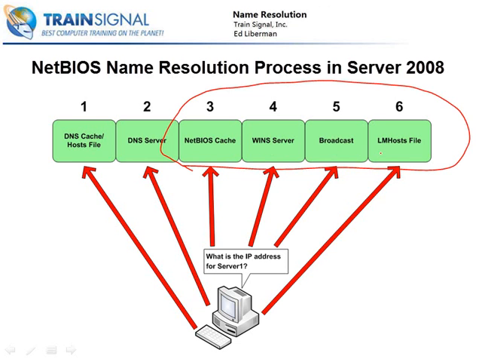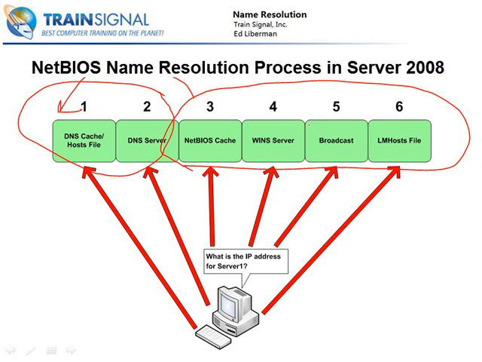And believe it or not, if we don't find an answer to a NetBIOS name lookup with those 4 steps, then steps 5 and 6 would be looking in the DNS cache for a host file with a name similar to the NetBIOS name we're looking for, and then a DNS server. So these 2 steps are the host name lookup. These 4 steps are the NetBIOS name lookup. And all 6 steps are pretty much always done. It's just a matter of which are done first, whether the 2 are done first or the 4 are done first, based upon what is the primary name that you're trying to look up.